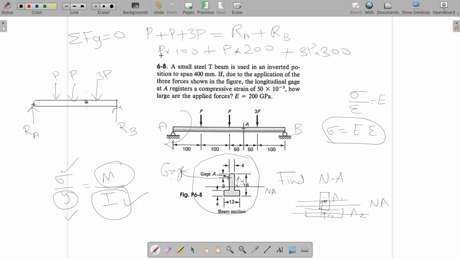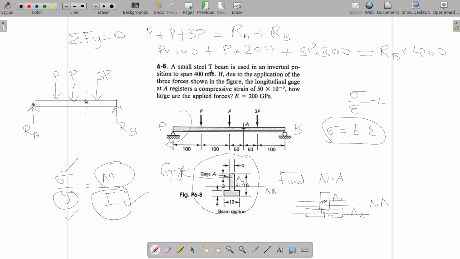So you can take it as positive if you want. If you take it as positive, then the moment due to RB should be negative. So I can simply equate these two moments. I can take RB multiplied by the total distance, which is 100, 200, 300, 400.